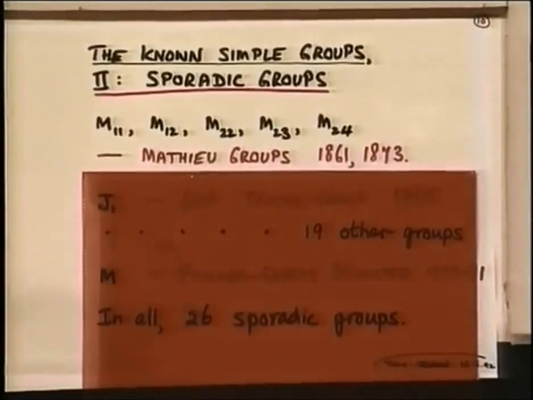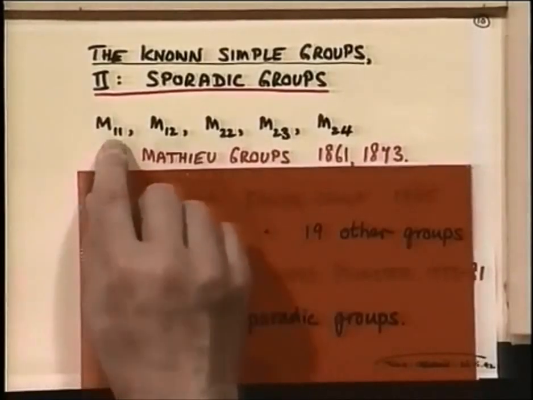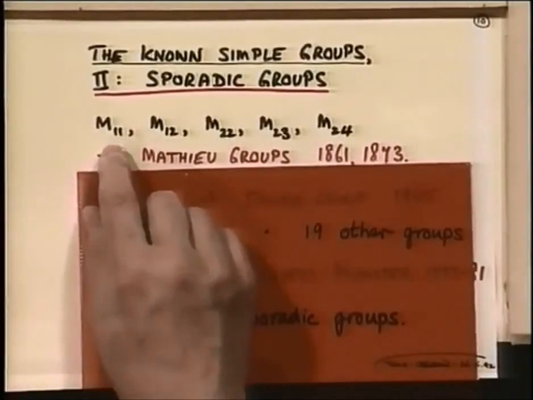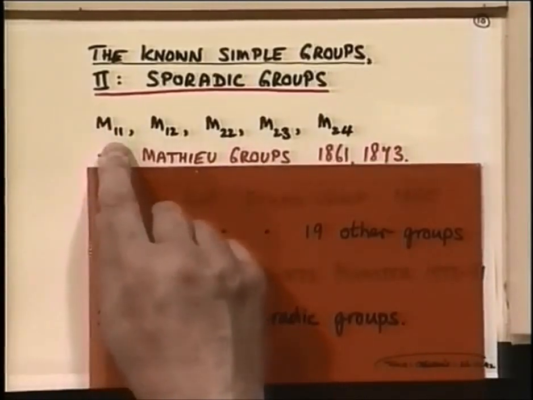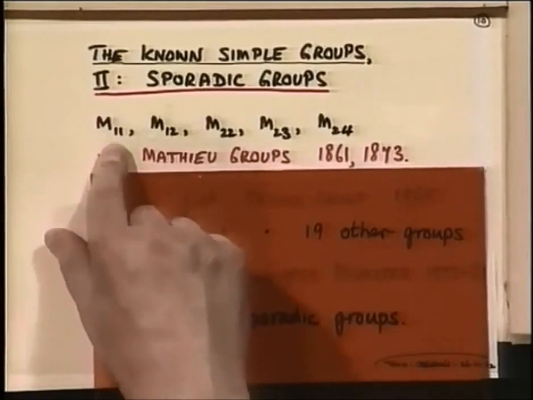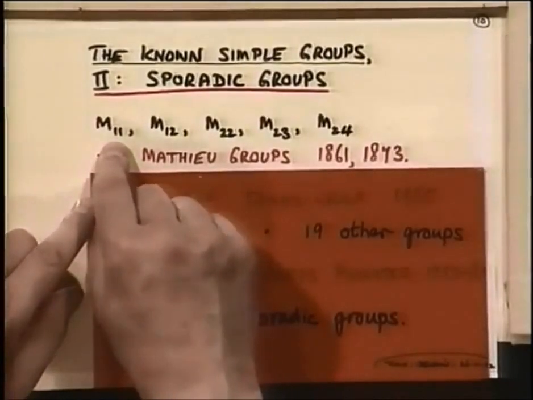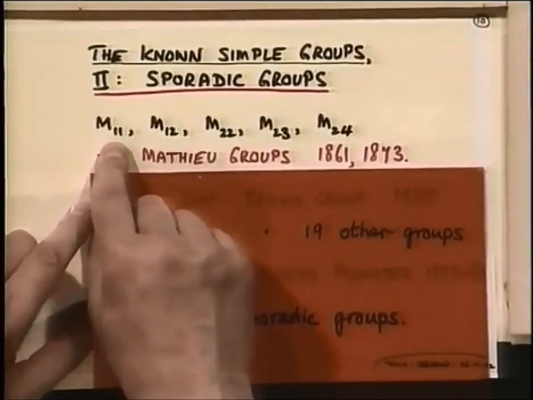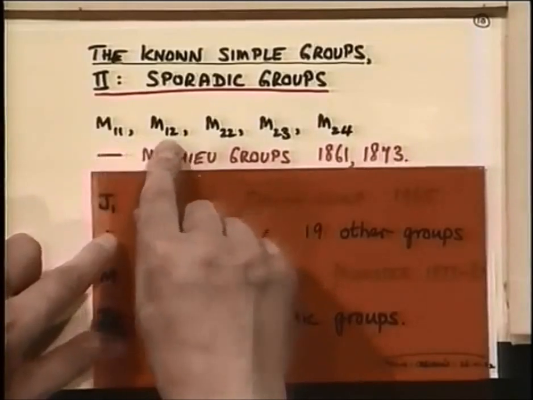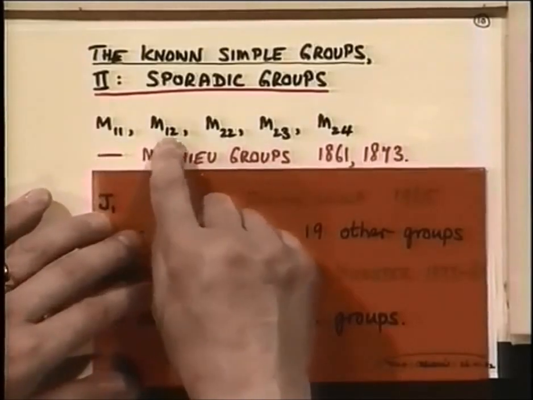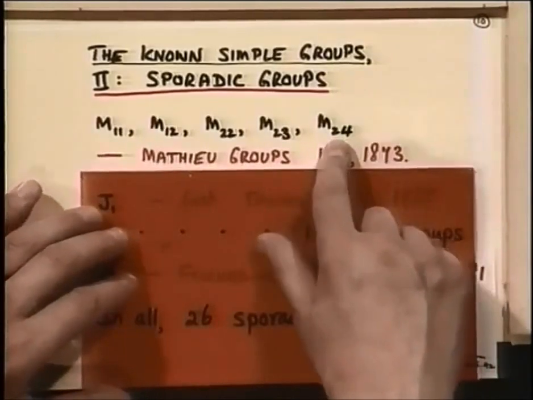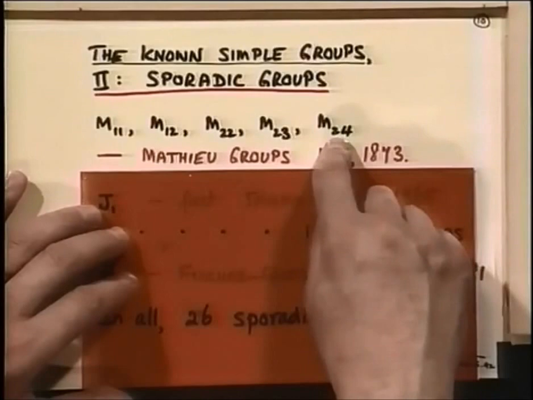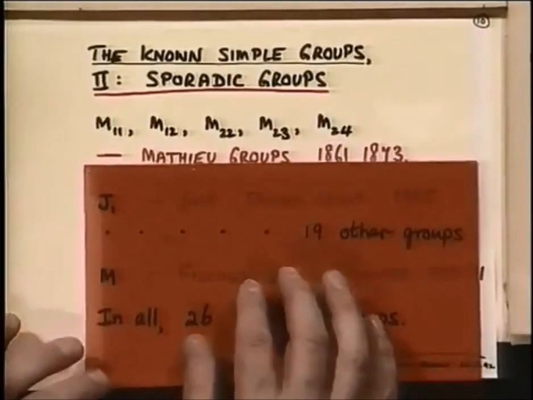The subscript there indicates that these are subgroups of corresponding alternating groups. M11 is a subgroup of the alternating group of degree 11. It's a group of permutations of 11 objects. M12, a group of permutations of 12 objects, and so on. M24 is a group of permutations of 24 objects. And for a very long time, these were the only sporadic groups known.